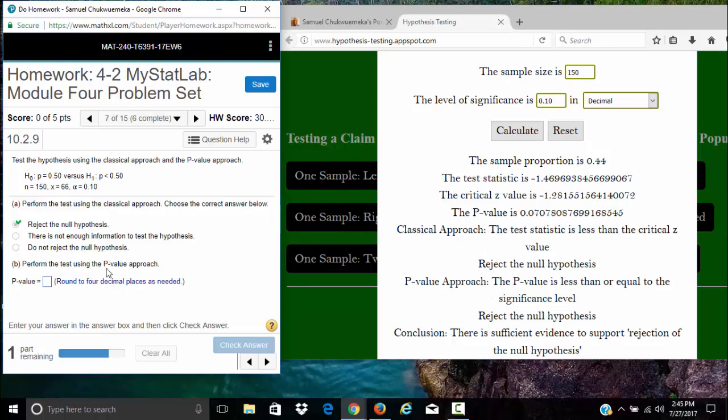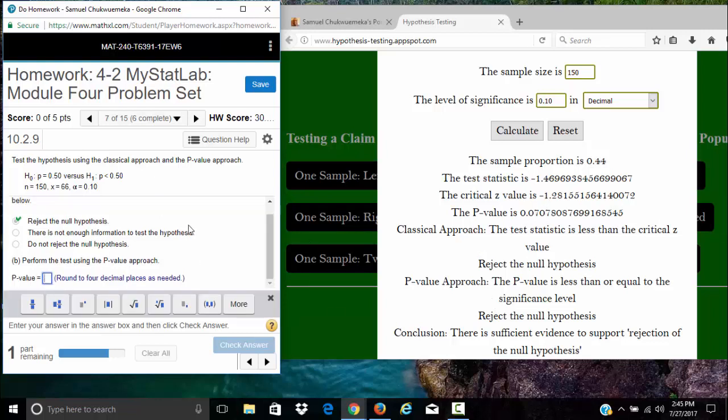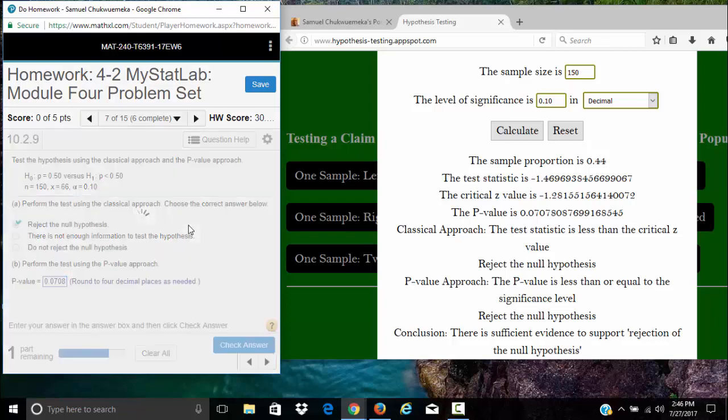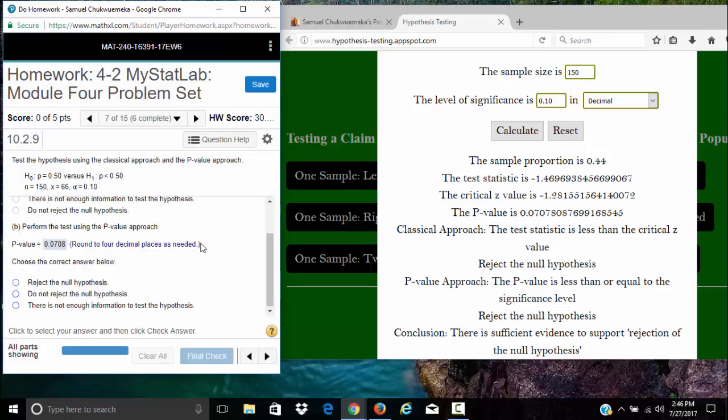So the p-value is 0.0708. Enter. If the p-value is less than or equal to the level of significance, you reject the null.